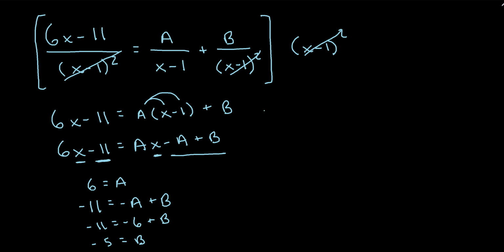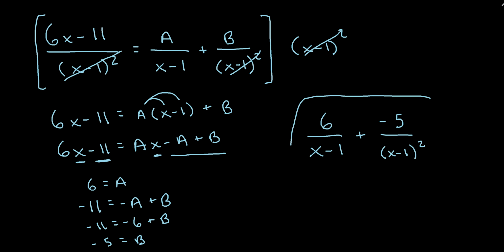Our final solution can be written like this: a over x minus 1, we found a to be 6, so 6 over x minus 1 plus b over x minus 1 squared. We just found that b is negative 5, so negative 5 over x minus 1 squared. And that will be our final answer. That is how we can decompose this original fraction into two smaller fractions.